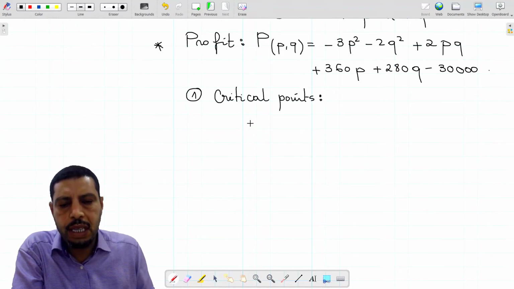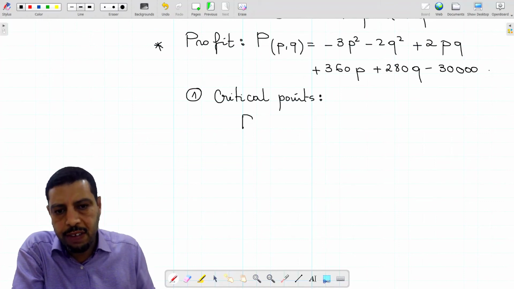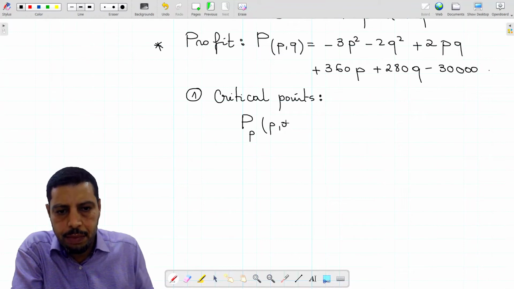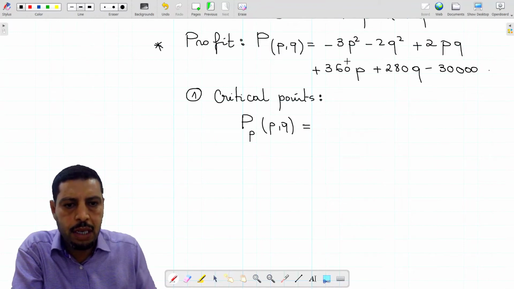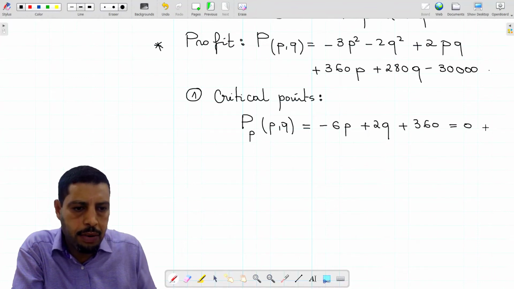So we have to compute the first order partial derivatives. The function is capital P, the variables are p and q. So here we have two partial derivatives, P_p(p,q) and P_q(p,q). You compute the partial derivative of this function with respect to p, you will find that it's minus 6p plus 2q plus 360 equals 0.